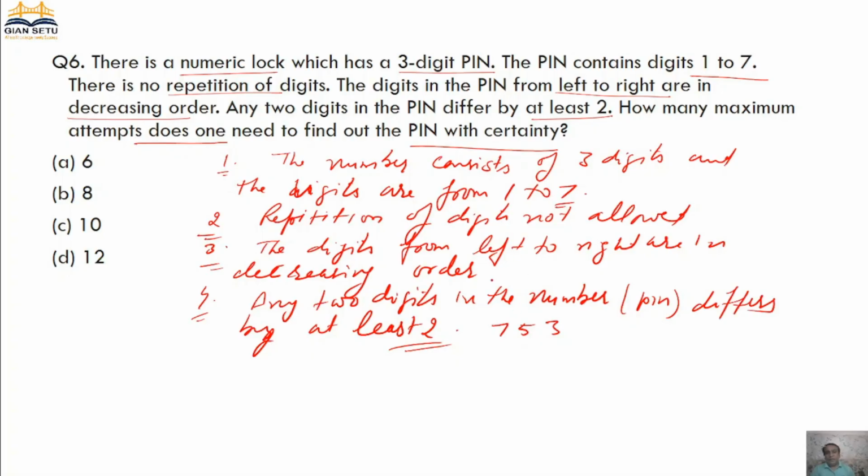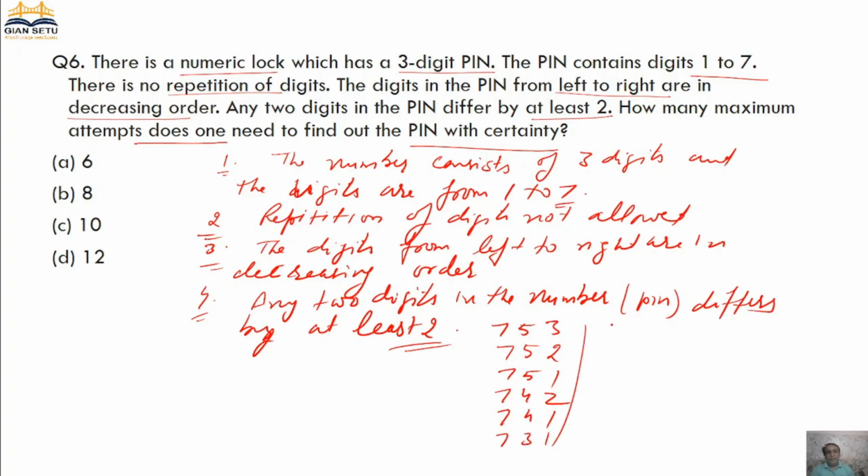So let us write other such combinations. Then we can have 7, 5, 2, right? We can have 7, 5, 1, right? Next we can have 7, 4, 2, 7, 4, 1, and 7, 3, 1.